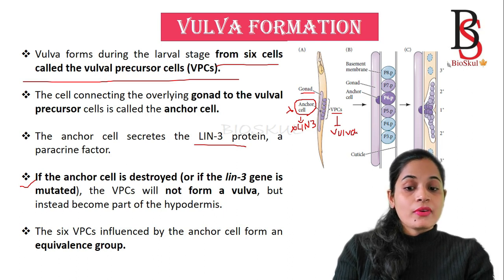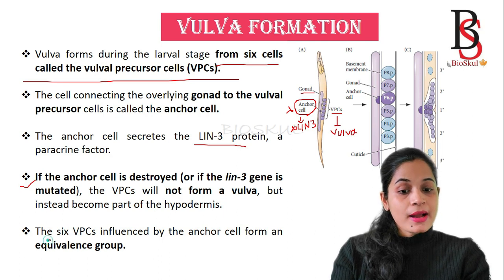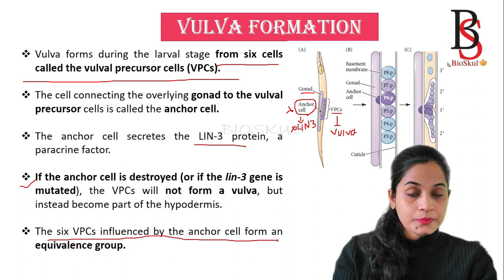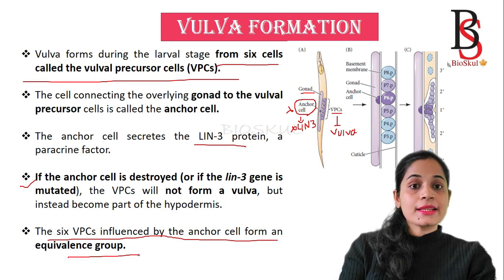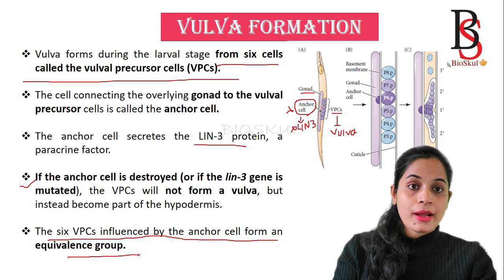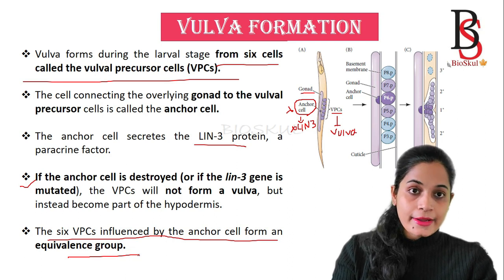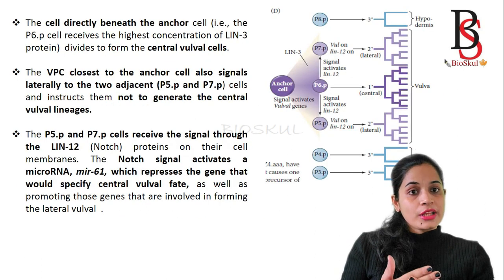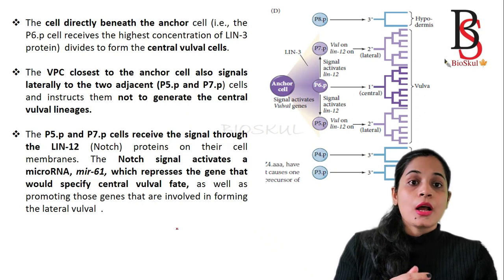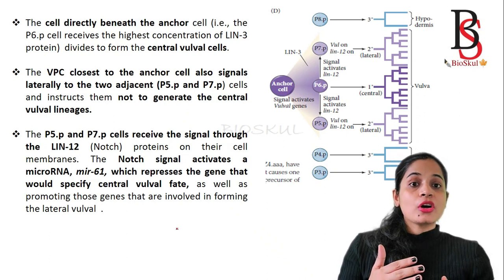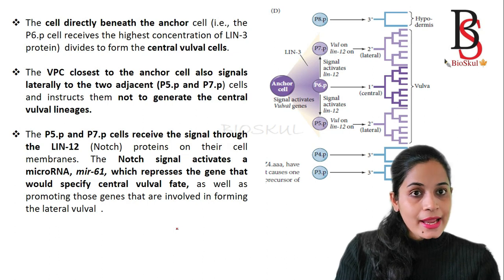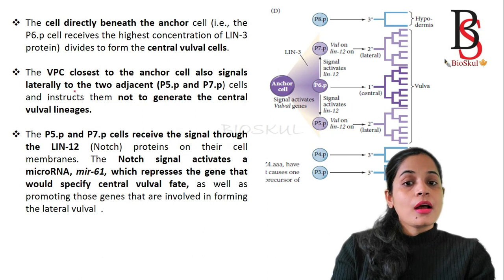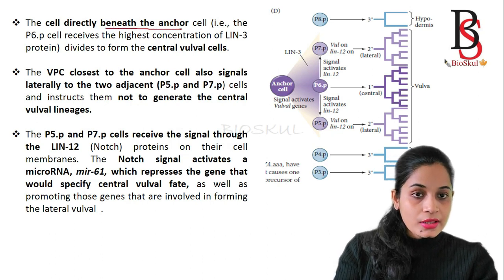The 6 vulval precursor cells are influenced by the anchor cell and they form the equivalence group. All 6 vulval precursor cells have the potency to develop into the central vulval cell, but that depends on the proximity to the anchor cell.